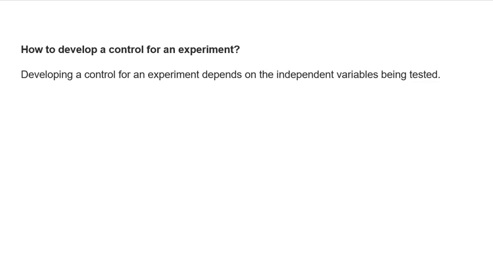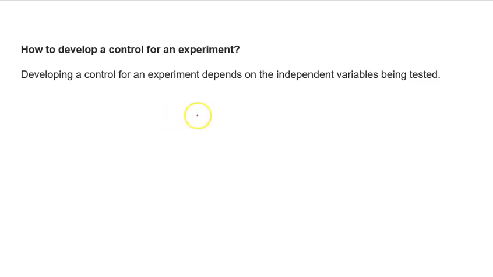So it's so important to know how to develop a control for an experiment. Developing a control for an experiment depends on the independent variables being tested. It means that for a control experiment, we are going to eliminate the independent variable or set it at a standard value.